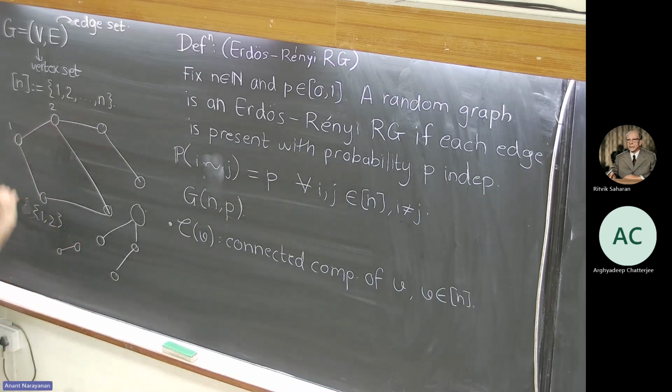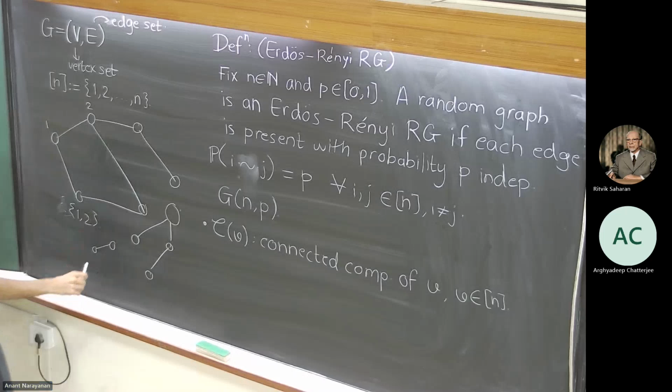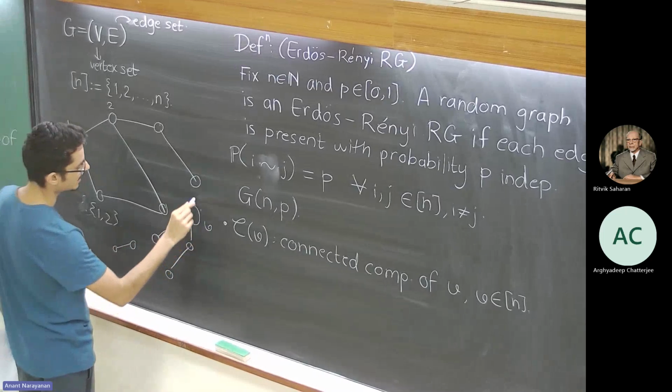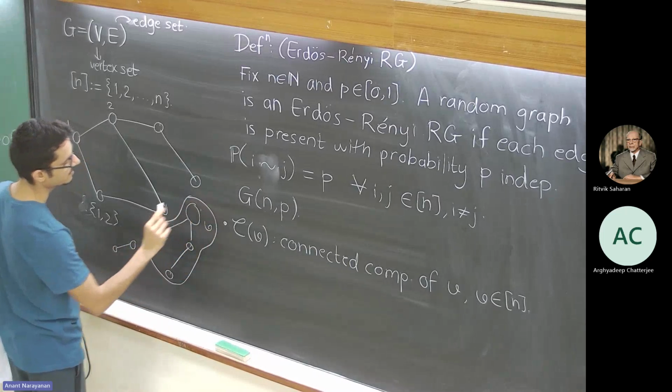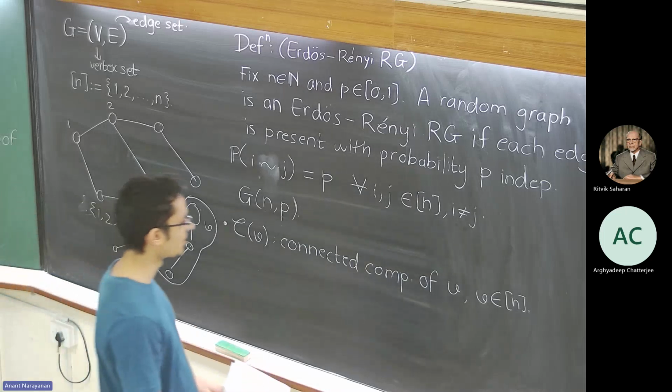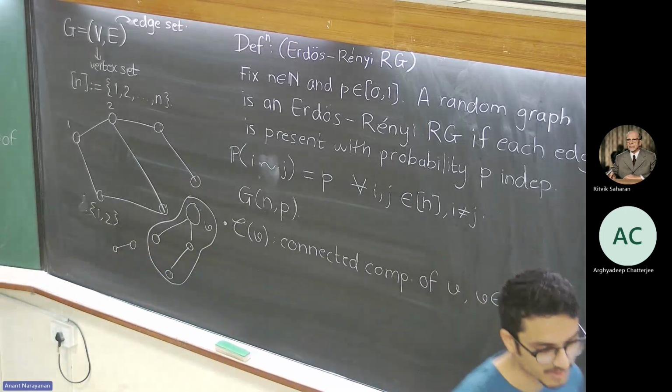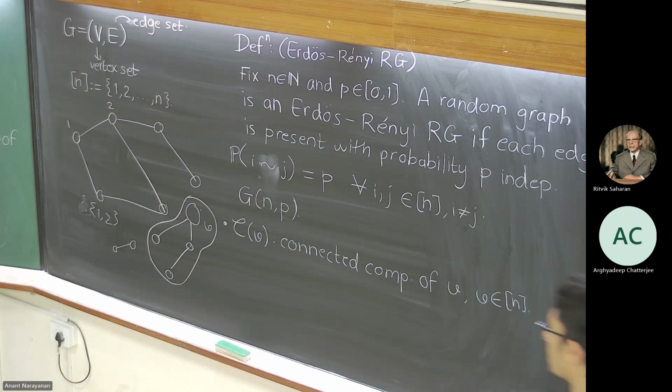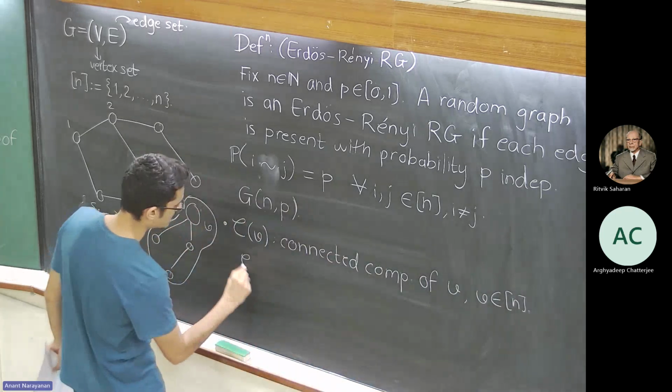So you will get these three big components, and now let's say this is v. Then this entire thing is C(v), the connected component of v. I'll always say component from now on, and it will always mean the connected component.